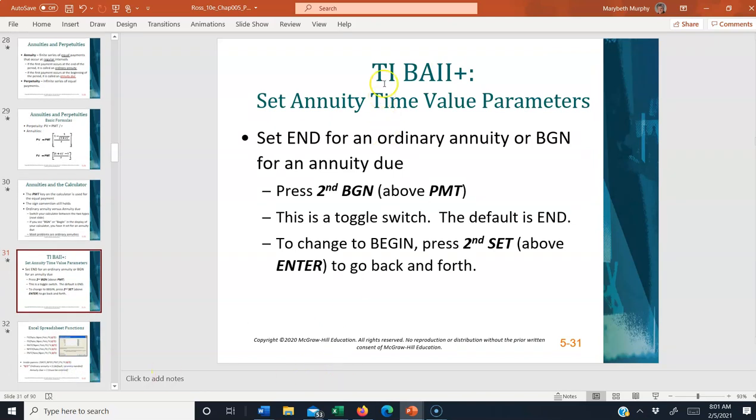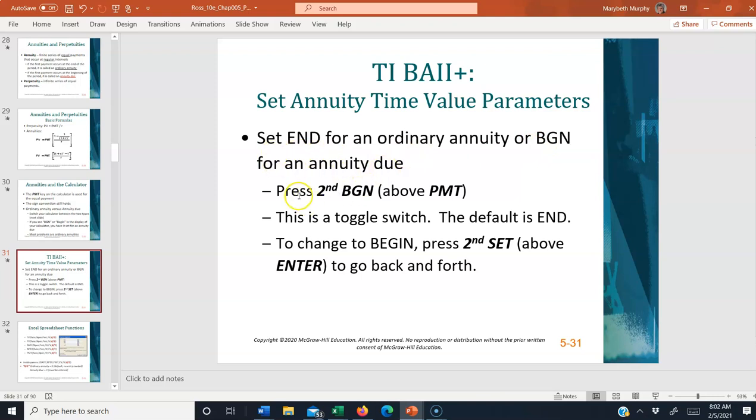Okay, using the TI BA II Plus, you're going to set the annuity time parameters first. The first thing you have to do is set it as either an ordinary annuity or an annuity due. So you would set END for an ordinary annuity, or BGN for an annuity due.